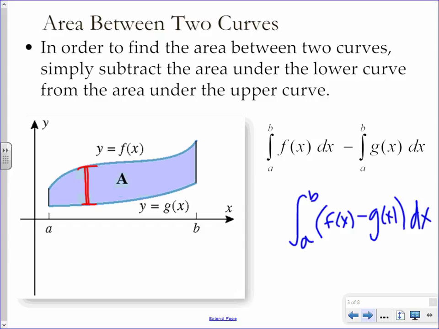Also, we're eventually going to get to the point tomorrow where we don't always have to go with vertical rectangles. So I want you to draw in the rectangles, and since these are perpendicular to the x-axis, we're going to label their thickness dx.